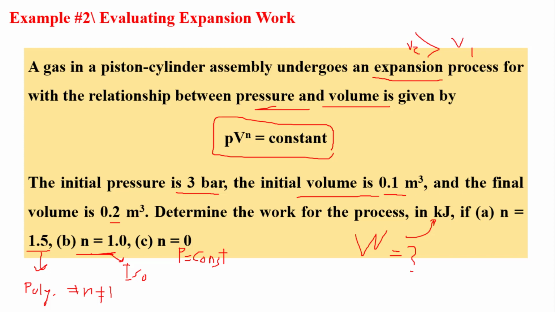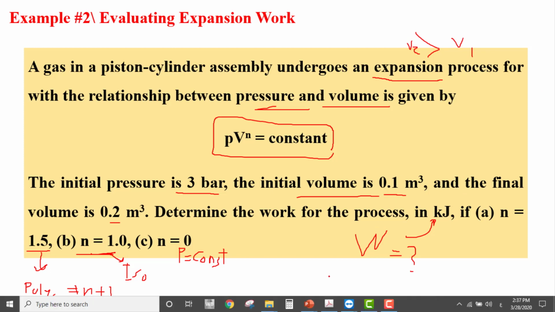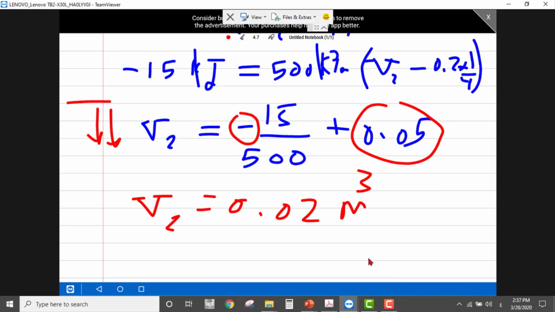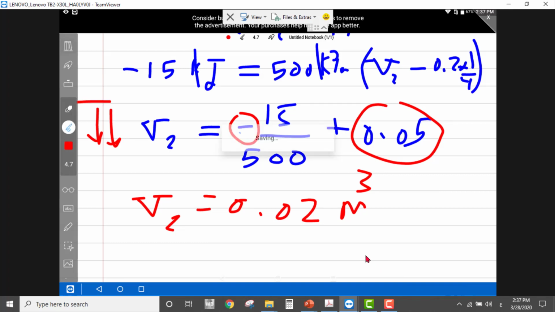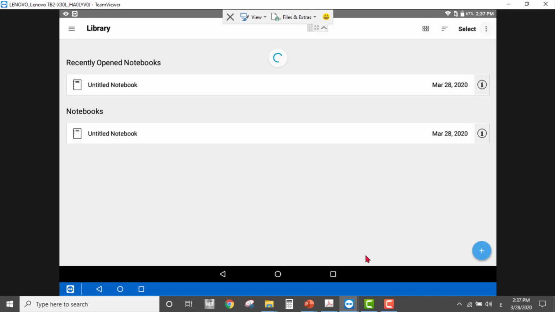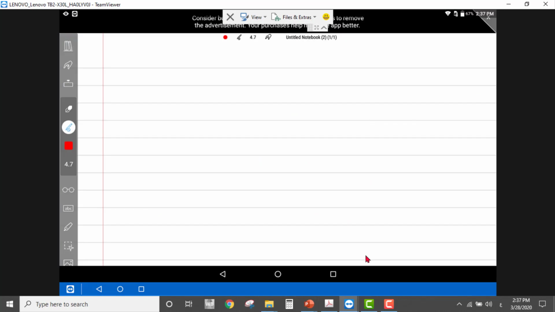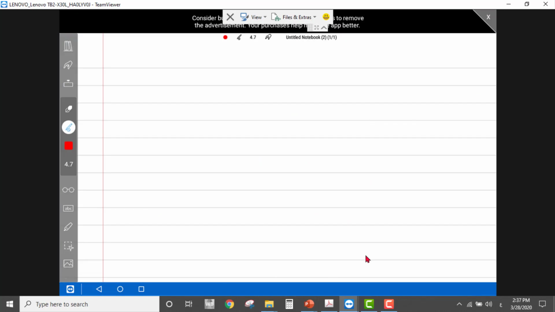Let us move to the solving board, and let me erase. Okay, so here what do we have?